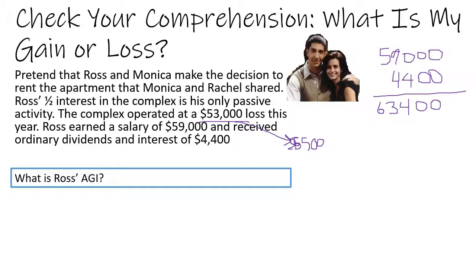So Ross is limited to the limit under the tax code of $25,000. This brings his AGI to $38,400.